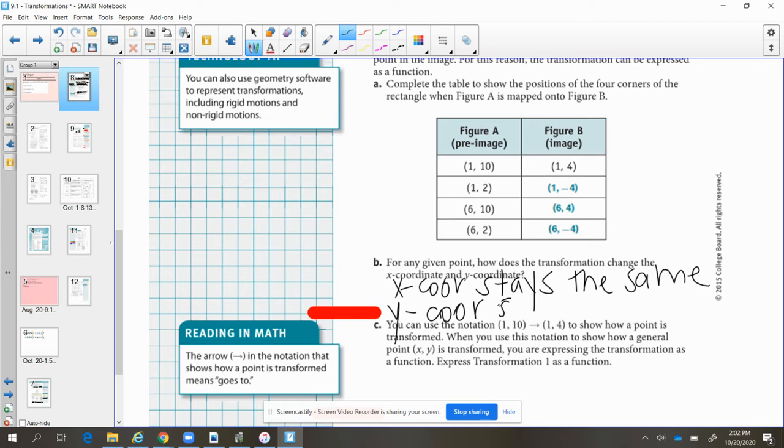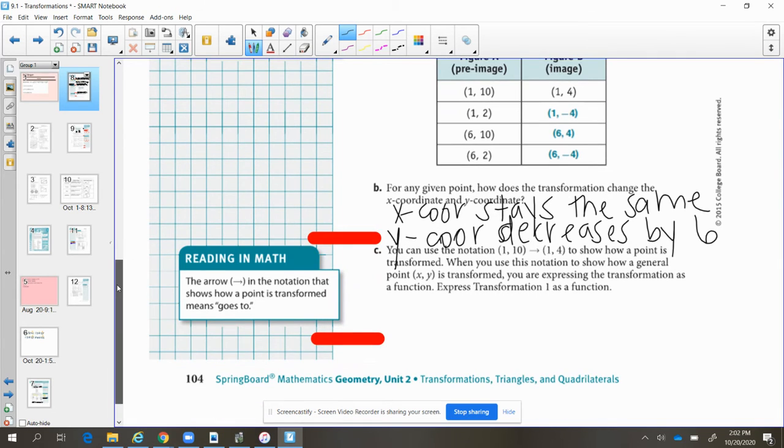In fact, they're all decreasing by 6 each time. So we went from 10 to 4, we went from 2 to -4. So we're decreasing by 6 with our y coordinates, but those x coordinates stayed the same from our pre-image to our image.